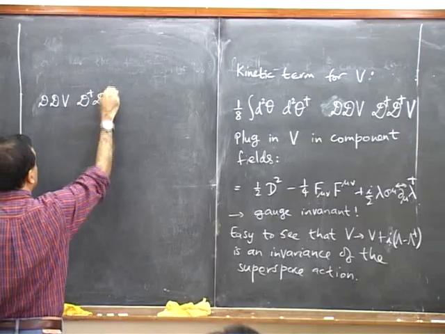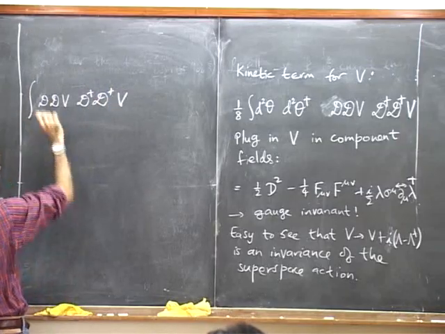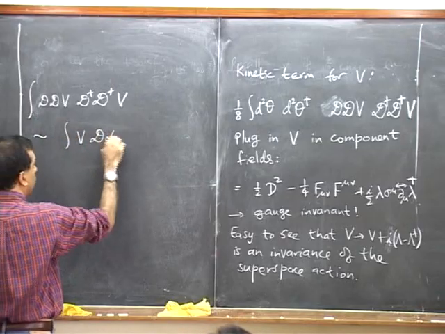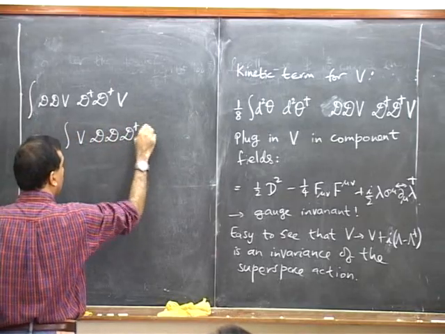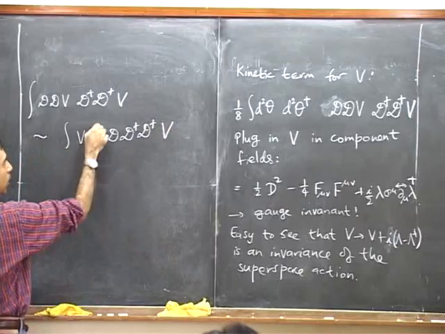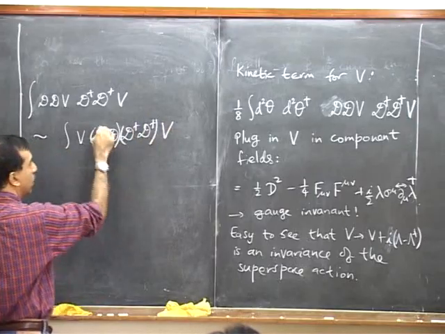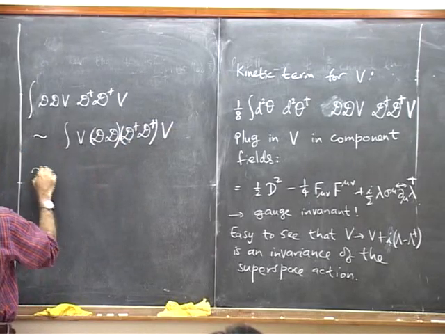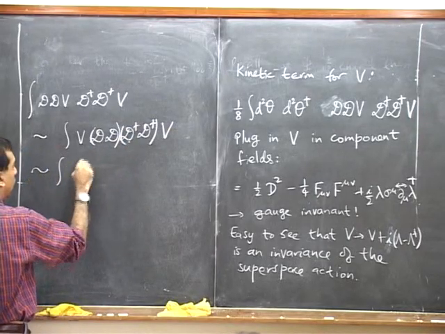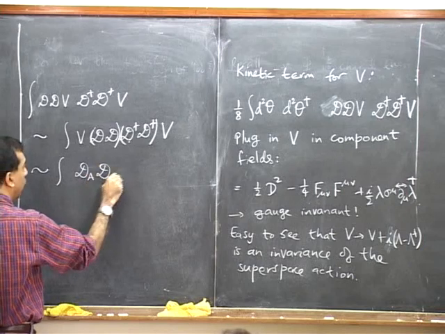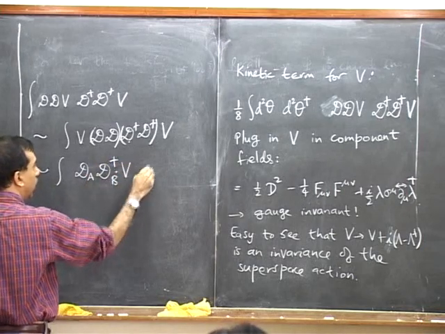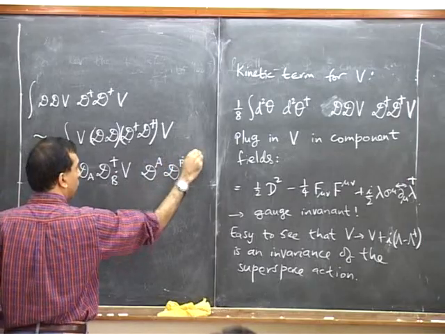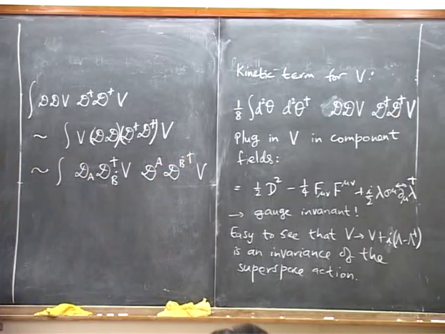So I'll just say that D dagger D, if I integrate over everything, is the same as V D dagger D V, again here the index contraction is undotted, undotted, dotted, dotted. Okay, but it's also the same as D_A D_B-dot dagger V D^A D^B-dot V. This is also true.